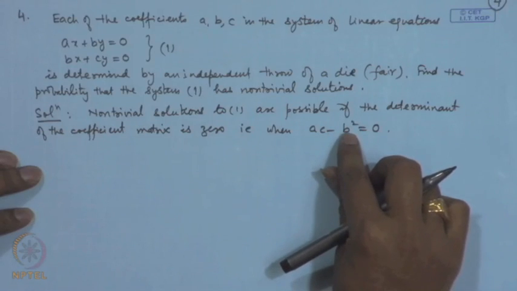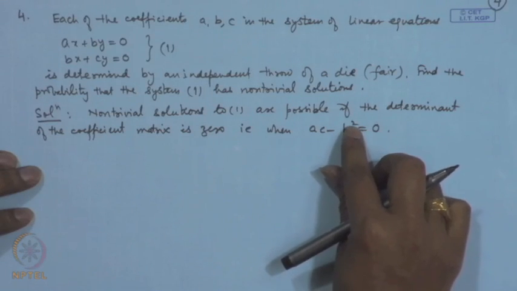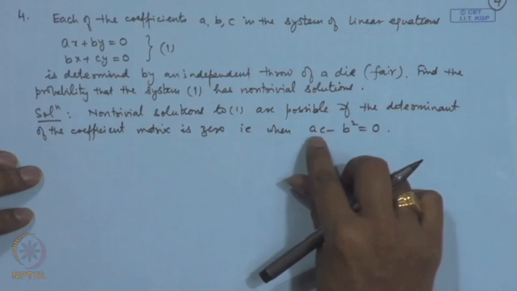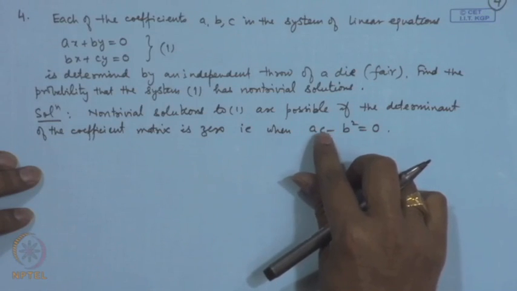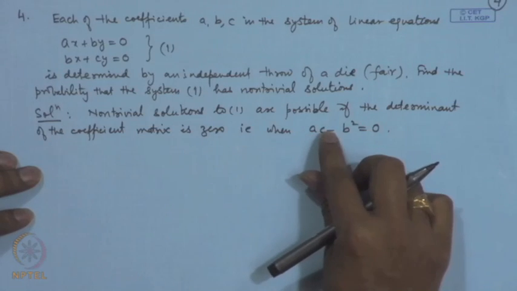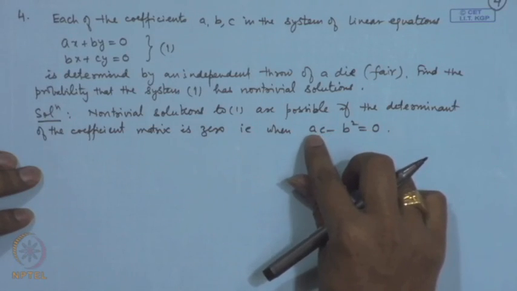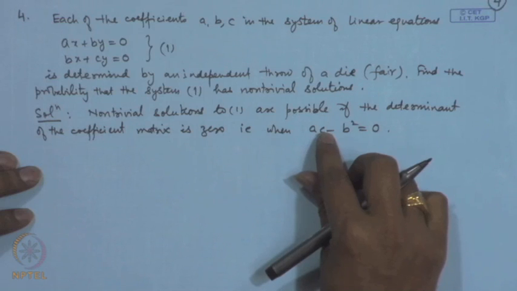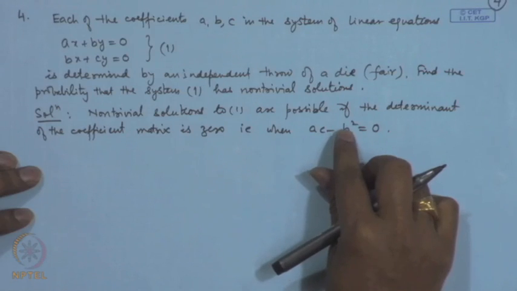Suppose I say B is equal to 2. If B is equal to 2, then B square is equal to 4. Then if A and C are 2, 2, then A into C will become 4. At the same time, if A is equal to 1, C is equal to 4, or A is equal to 4, C is equal to 1, then also AC will become 4. That means AC is equal to B square.